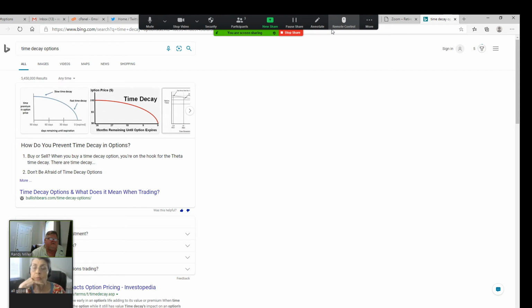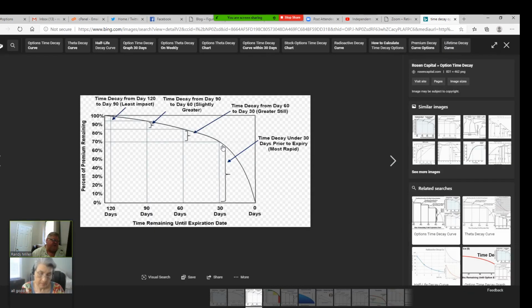What we've seen though is that the markets are so choppy now that a lot of us have moved to 7 days because we can't predict 30 days out. But that chart is your friend when you're selling premium.